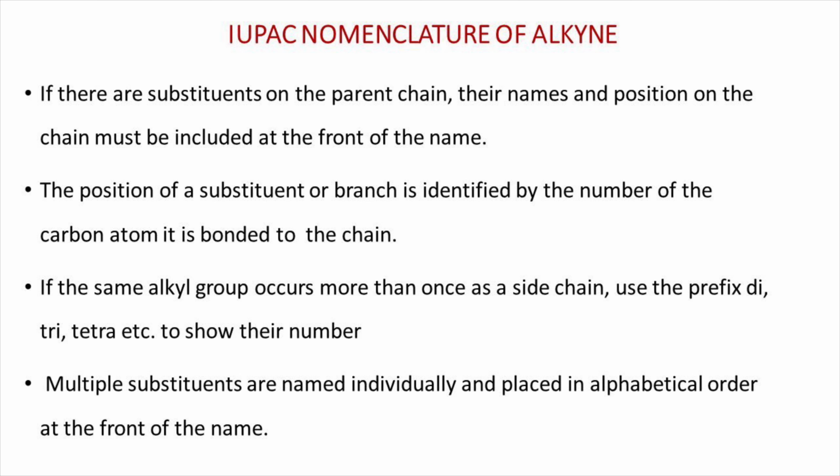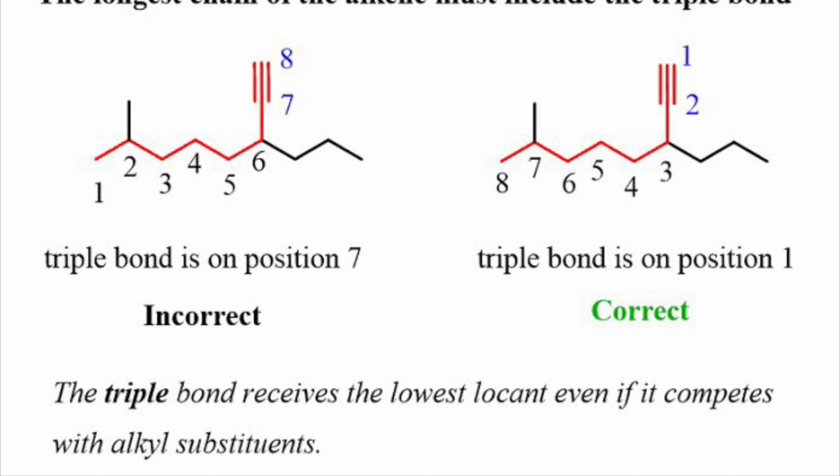Multiple substituents are named individually and placed in alphabetical order at the front of the name. So, the name of the alkyne is the substituent prefix, the parent chain, and the ending yne. Now, we can consider the examples for alkyne.